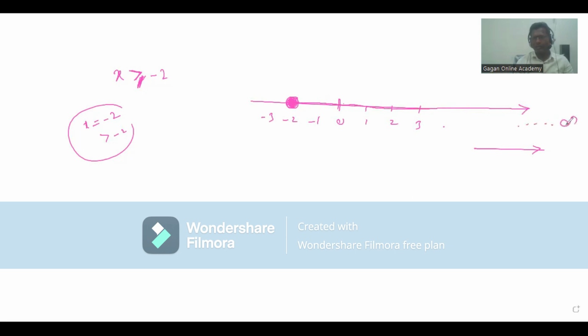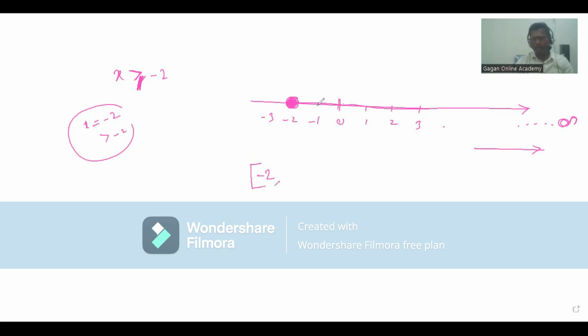Finally, we have infinity, right? Infinity means we don't know the last number. Starting from left to right, we have to write interval notation, that means small value to larger value. Here, the smaller value is minus 2, but here we have the equal symbol. Whenever this equal symbol is shaded, we have to use a closed bracket.